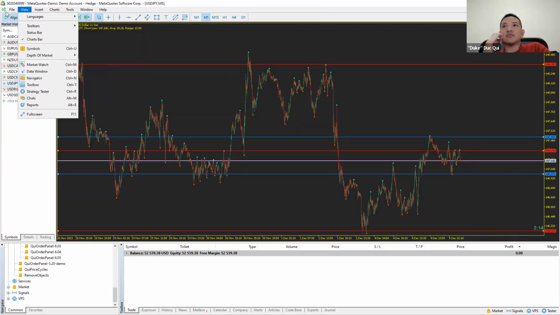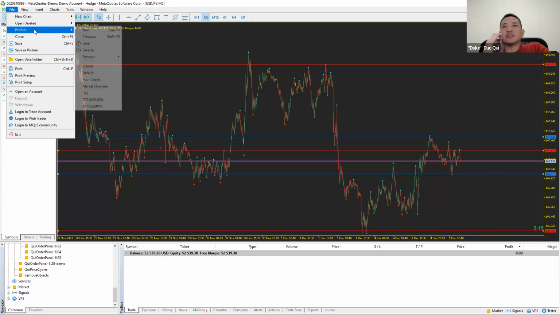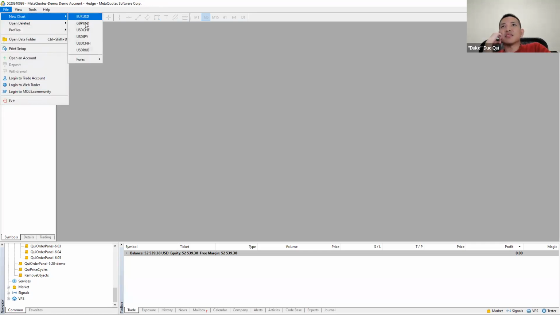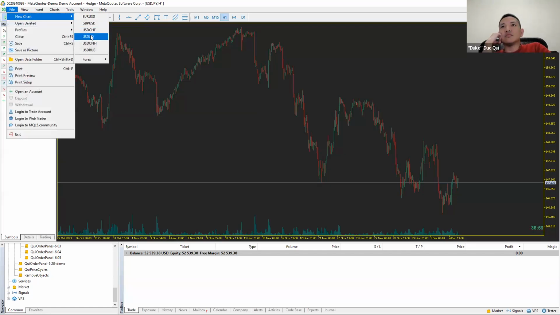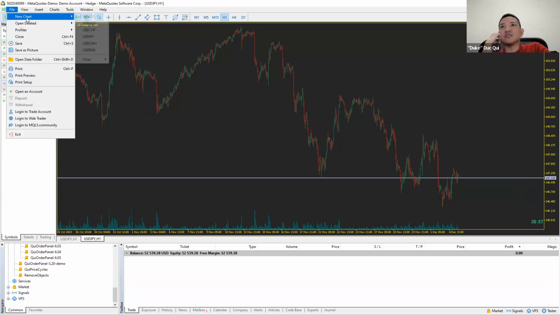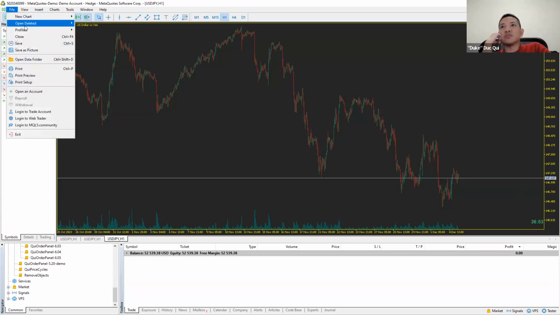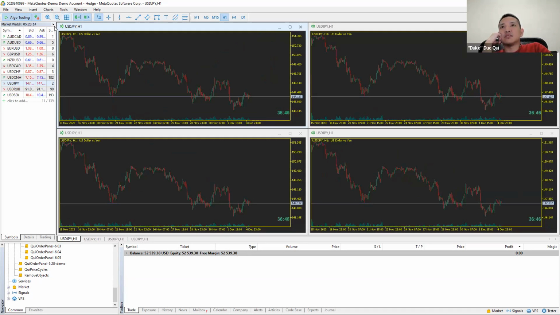I do a new chart. I'm going to do my 4 charts here. So your USD, or no, sorry, use the yen here. I'm going to do 4 charts and show you how to read it much easier.